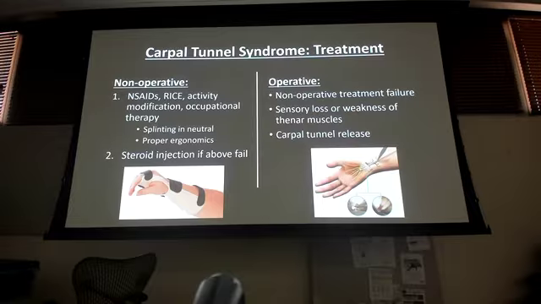This is a position of neutrality for your wrist, and that's what the splint does. It's got a little bit of a cock back to put the wrist in this position. That's what they mean by a neutral position.